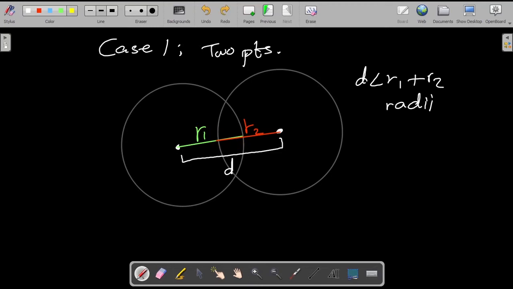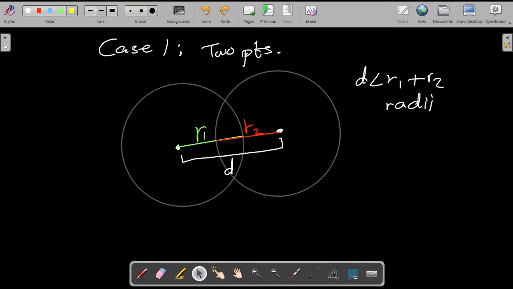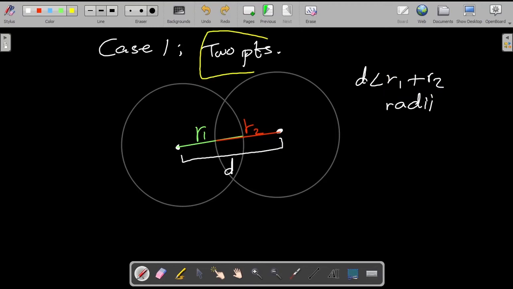So if you were to fully stretch each of these, or pull these circles apart, then their radii would basically be longer than this D that we have over here, right? So the D value is less than the sum of the two, and that is when you have 2 points of intersection.